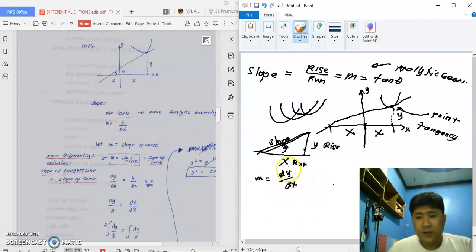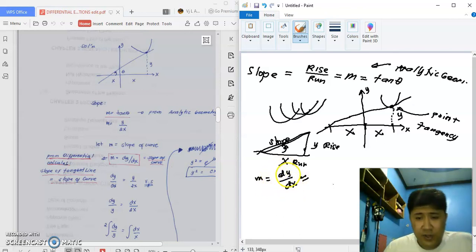Alright? So in differential calculus, the slope is equivalent to dy over dx. Okay? So now, in order to get the equation of the curve, you need to solve for the slope.